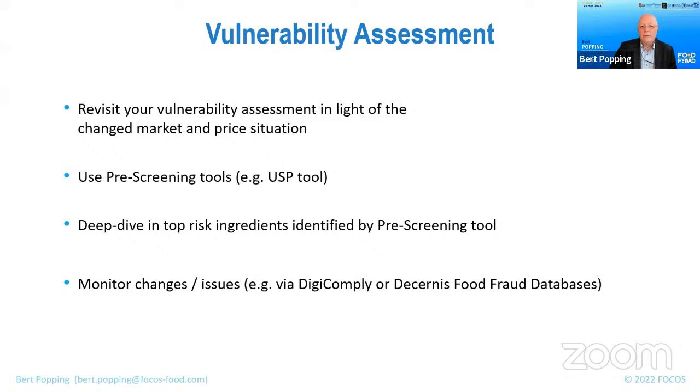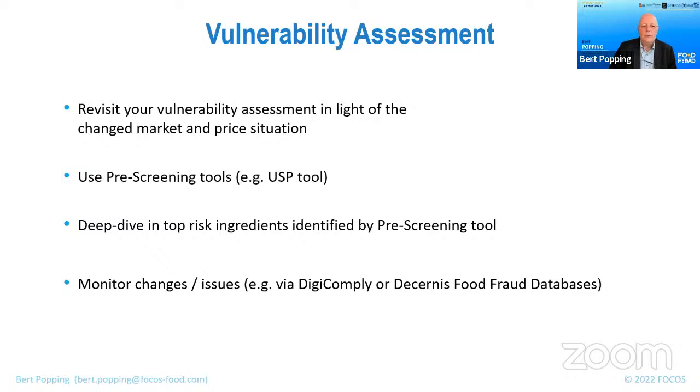So those are very valuable tools to monitor upcoming changes in different countries, because both databases basically give you an insight into what happened in other countries where you might be shipping your products from to your site. So you get basically advance notice.